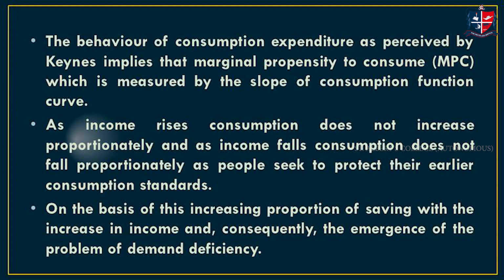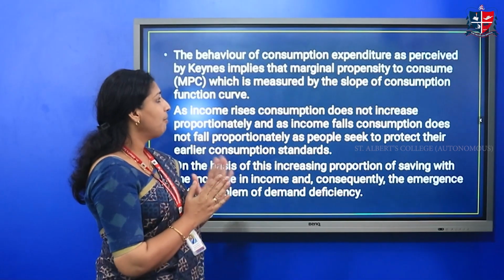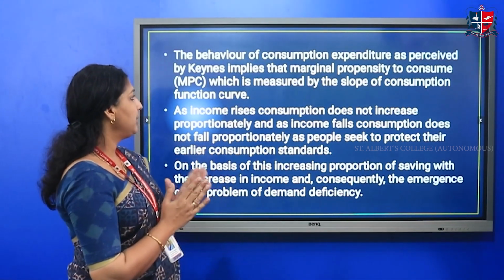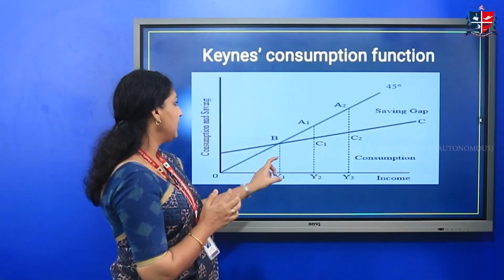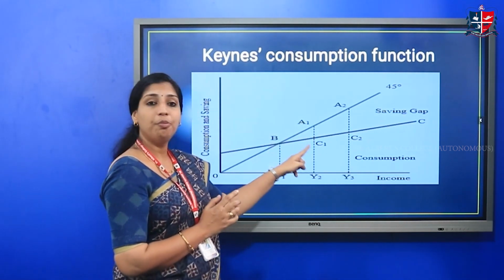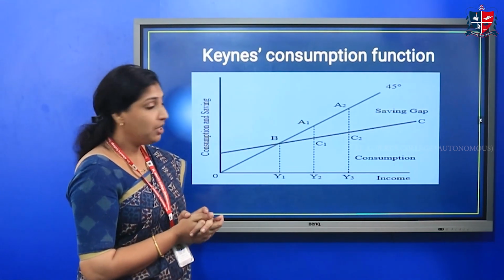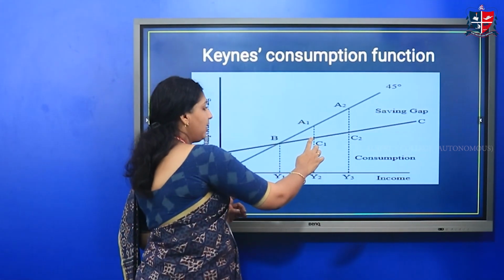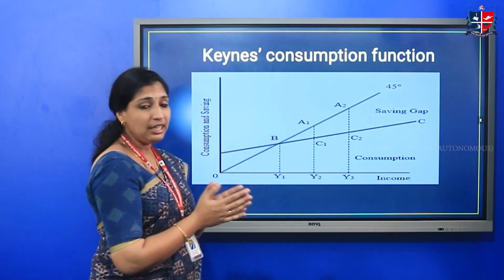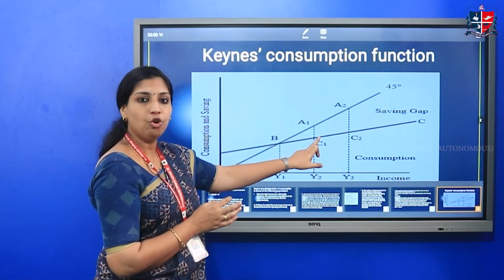So the behavior of consumption expenditure as observed by Keynes implies that the marginal propensity to consume is measured by the slope. So in this figure, when we take the point C1, we'll get the slope also.